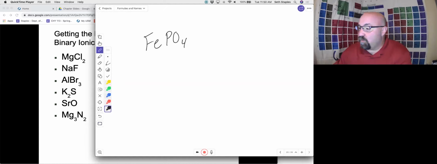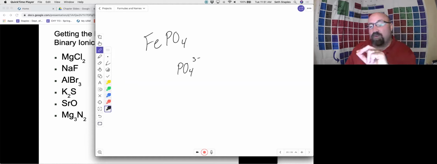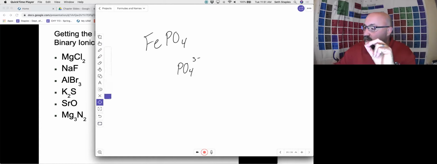So here, again, we don't necessarily know what Fe is, if this is maybe a +2 or a +3. We're going to use our other information. We're going to use the fact that it's here with PO4. It's here with phosphate. We know that PO4 from our polyatomic ions list has a charge of 3-. We also know that there's only one of each when we look at our formula here. There's one Fe and one PO4.